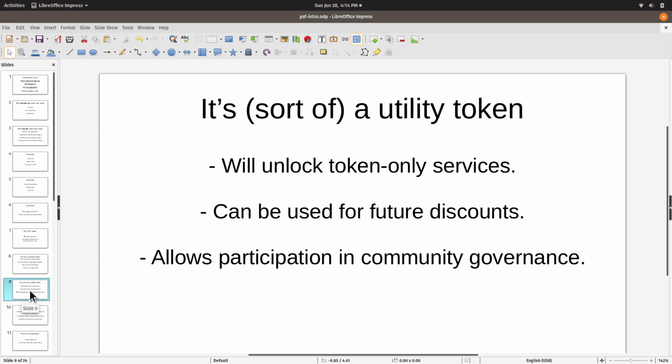That's one of the projects we're going to pursue. The token can be used for future discounts, like subscriptions to fullstack.cash. It allows participation in community governance, and that is sometimes identified as a property of a utility token, and it definitely lets you do that.